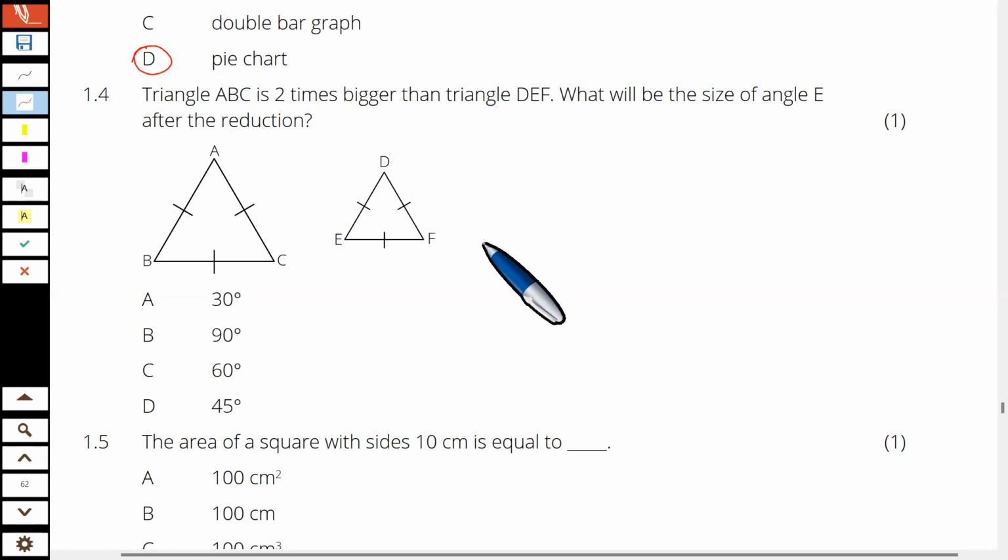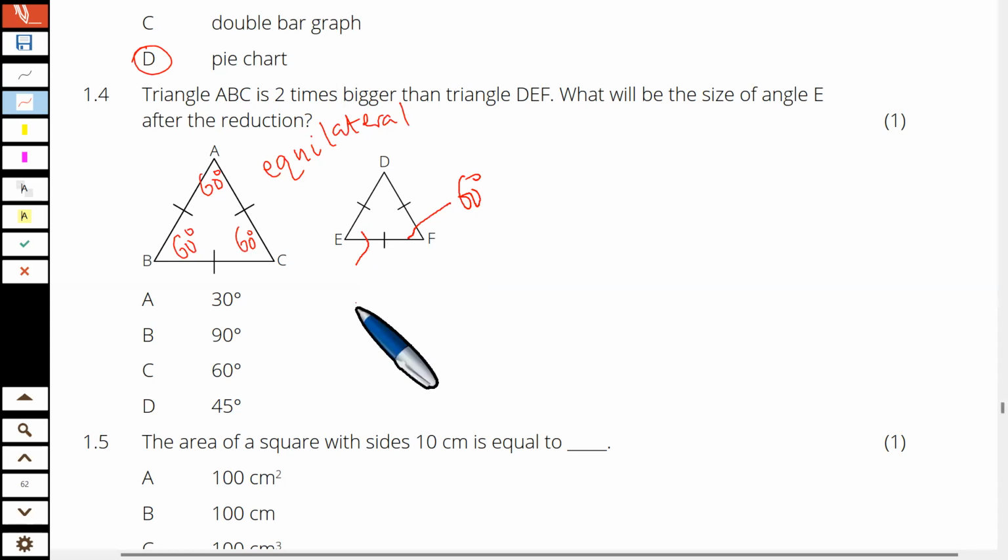Obviously, because this triangle is equilateral, these sides are equal, it means the angles are also equal. So here also, these are equal. And that's the answer. So in 1.4, it's 60 degrees.